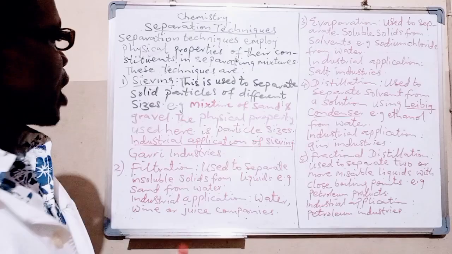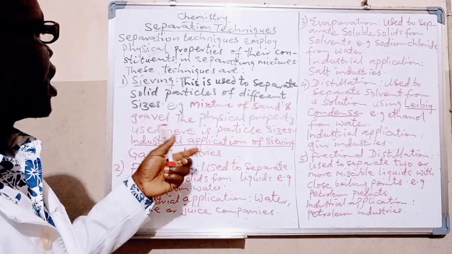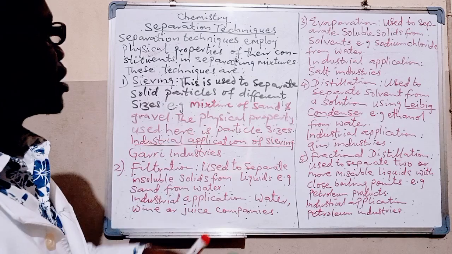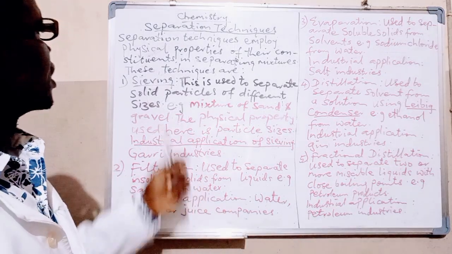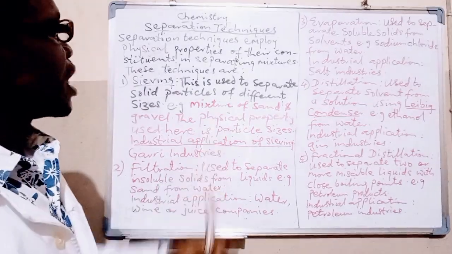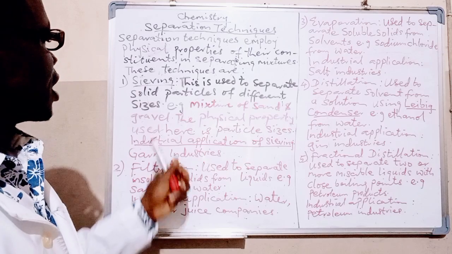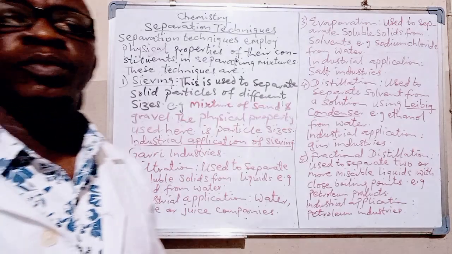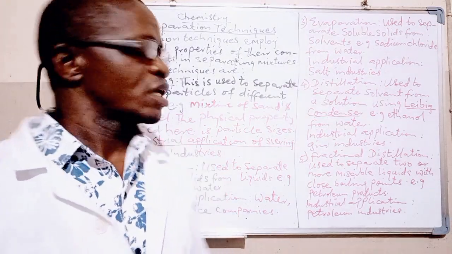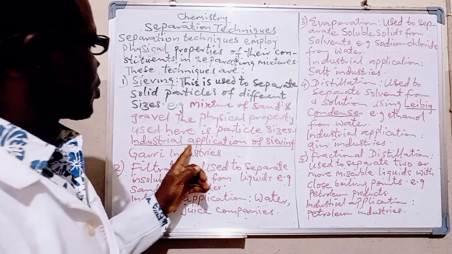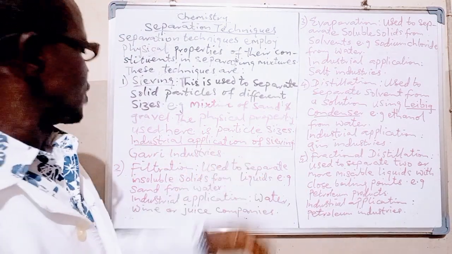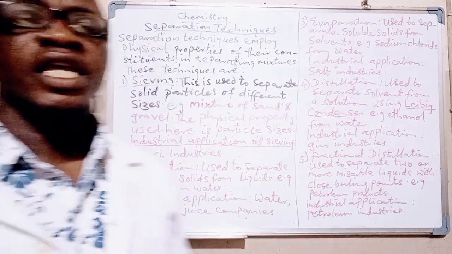Now, industrial application. Take notes. In every technique, you need the physical property, you need the example of substances you can separate, and you also need the industrial application of that technique. Now, the industrial application of sieving is the Gari industry.